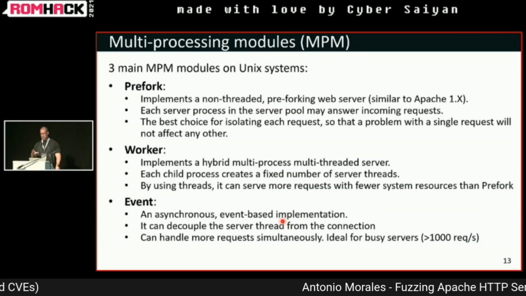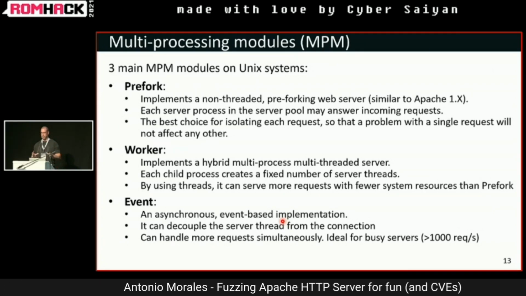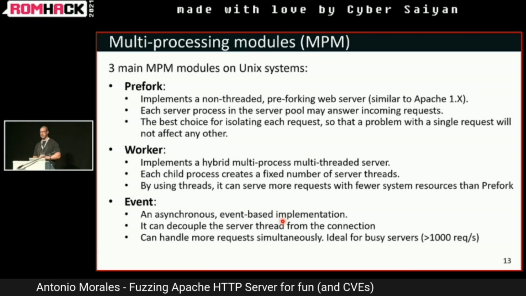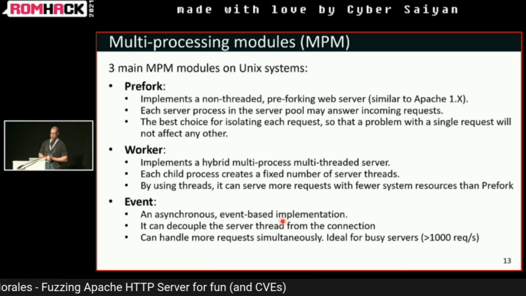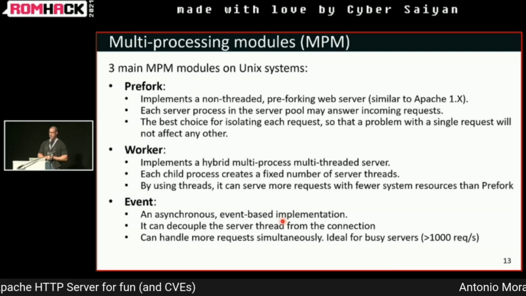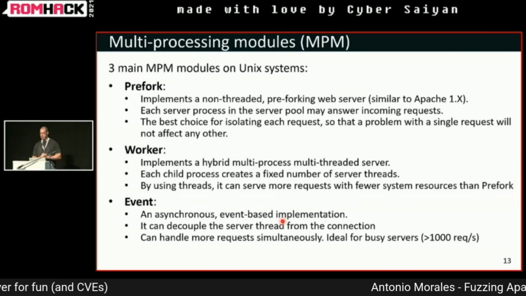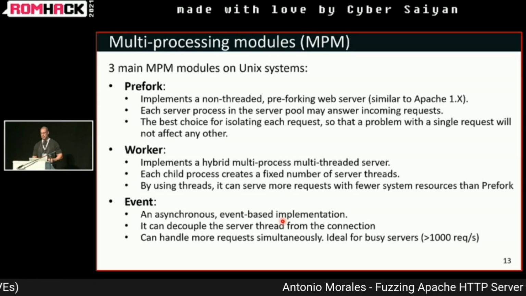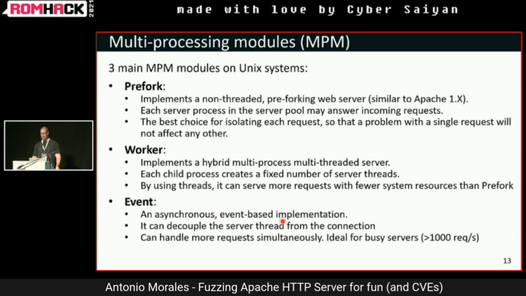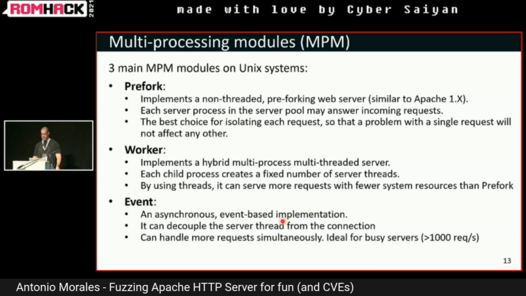Well, we can differentiate three main MPMs on Unix systems. The first one is the prefork configuration that implements just a prefork web server without threads of any type.